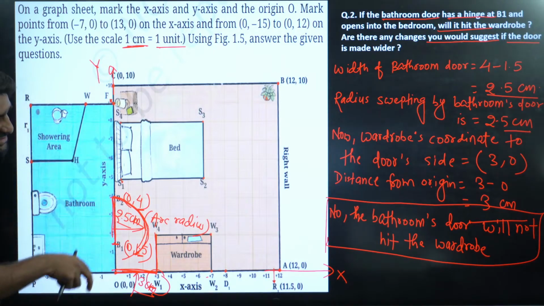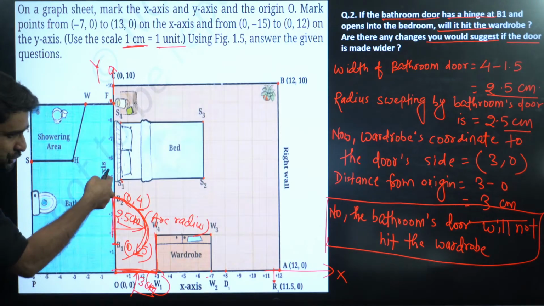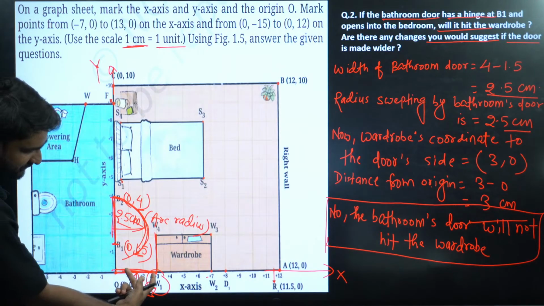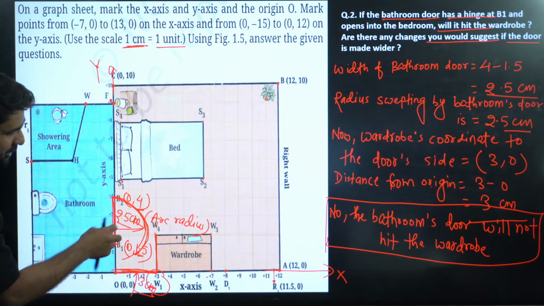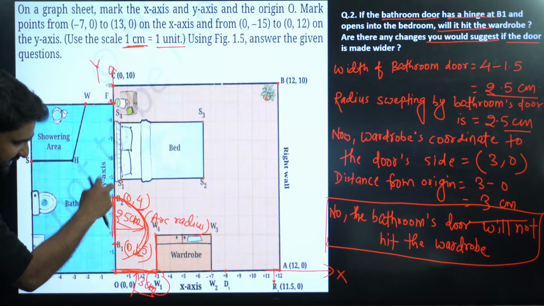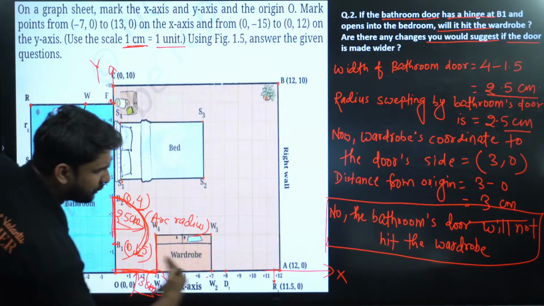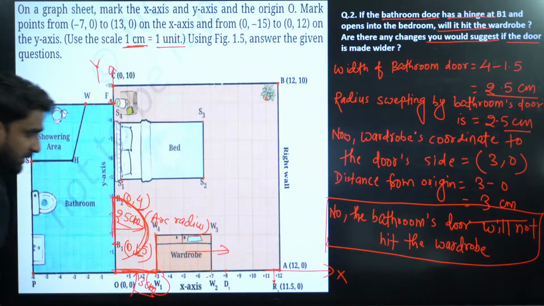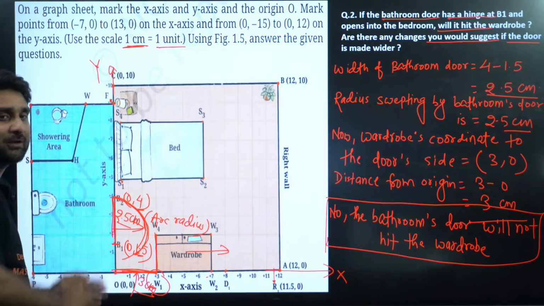Second, we can suggest that the width of the bathroom door should be less than the width of this wall. Third, we can suggest to open the bathroom comfortably even inside the room. We can shift this wardrobe little bit to the right side, so that there will be no any disturbance in opening and closing the bathroom door.